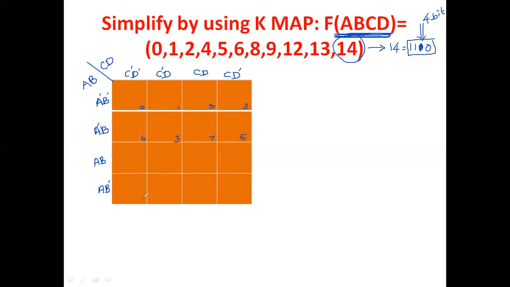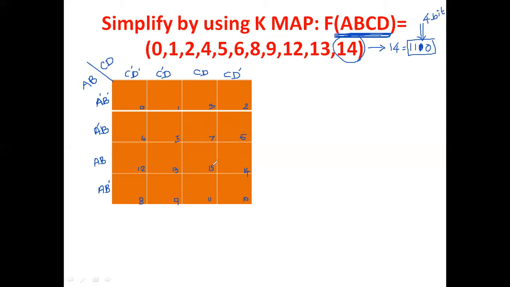Then 12, 13, 15, 14 for the next row, and 8, 9, 11, 10 for the last row. If you do 5 to 10 problems, you will automatically become familiar and can draw the Karnaugh map without any mistakes.